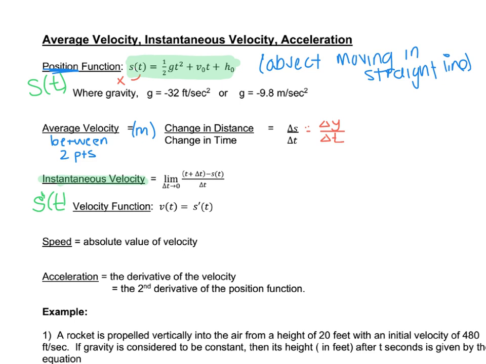And then if I know the rate of change at an exact point, and I want to find the speed, that's simply going to be the absolute value of the velocity. So let me specify: velocity indicates a speed and a direction, meaning if your velocity is -10 with some units, that means the object is traveling in a negative direction, meaning down.